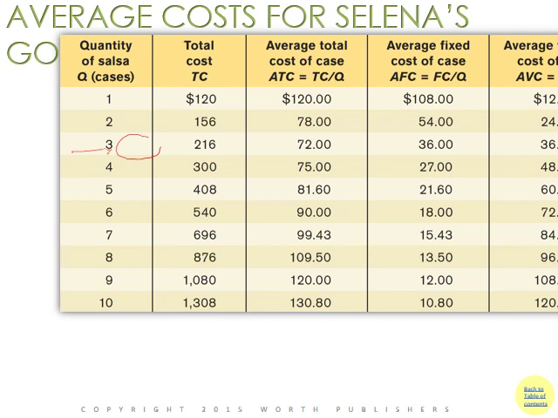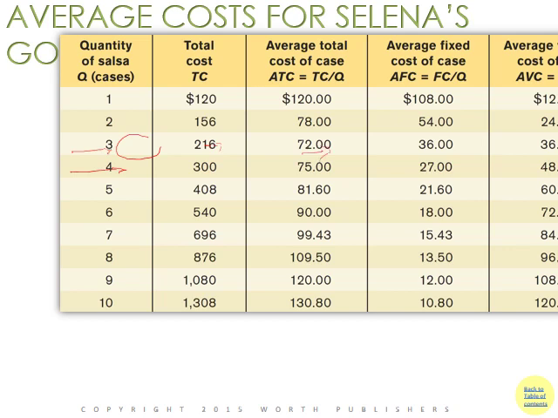When output is equal to two cases, total cost is $156. Now we can use the identities in the previous slide to break our cost structure down into average total cost. So when total cost is 120 and we're producing 1 unit of output, average total cost is 120 divided by 1.